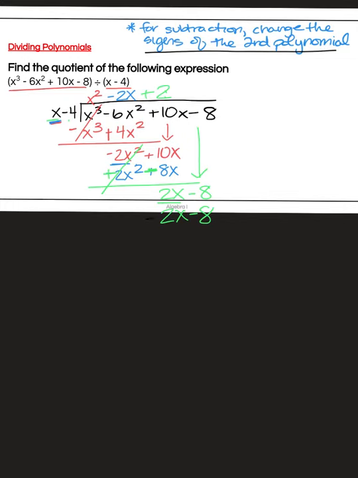So 2x minus 2x cancels, negative 8 plus 8 cancels, so my remainder is 0. My answer is x squared minus 2x plus 2. I know that was a lot. We have a few more examples if you didn't understand, so let that marinate and let's move on.